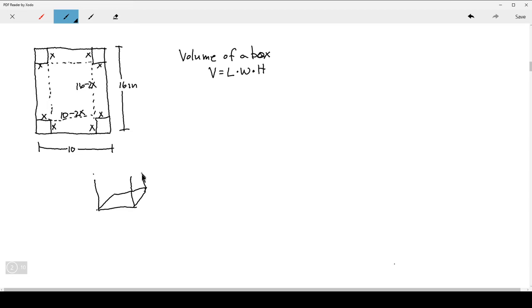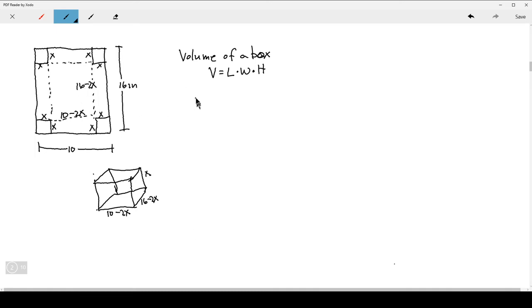It's not the best box in the world, but the height of this box is x, right? That's that length there. The base is 10 minus 2x on one side and 16 minus 2x on the other. So that's how we get the box.